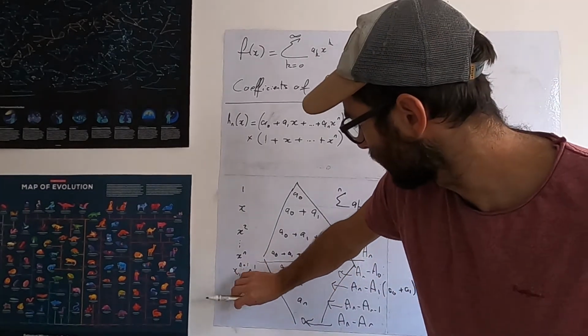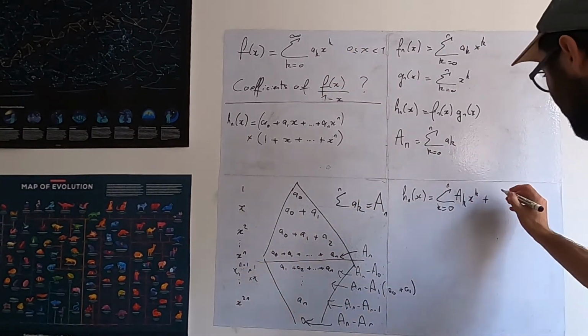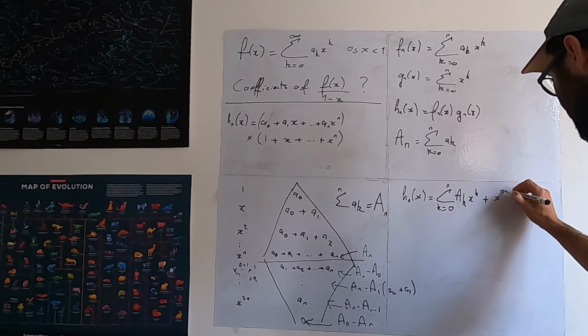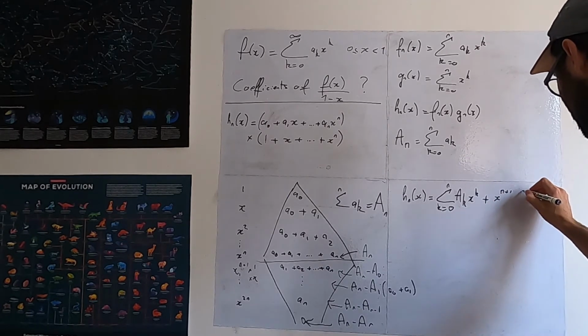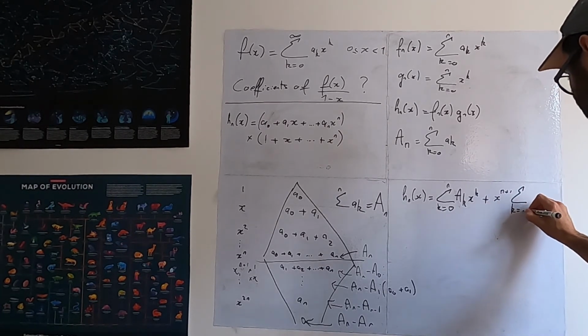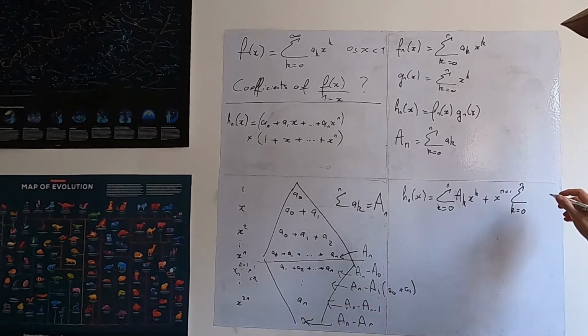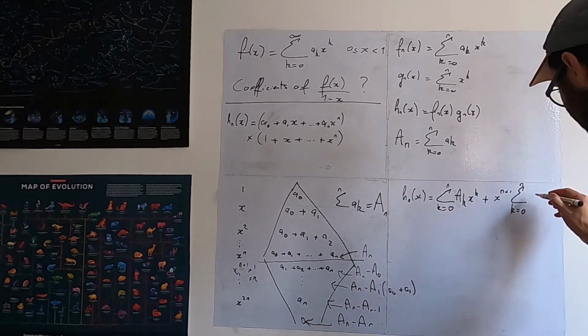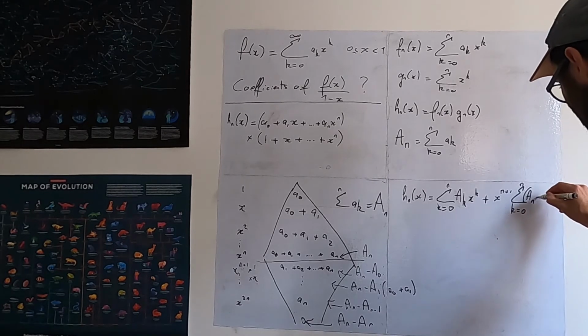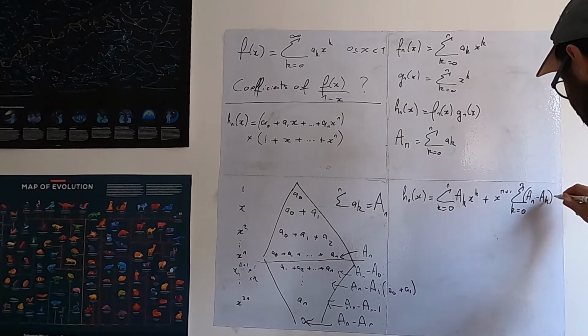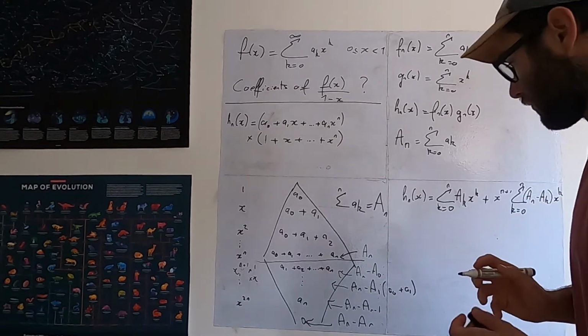So essentially we can factor out this x^(n+1) and put it in front. So we have x^(n+1) times the sum from k equals 0 to n of An minus Ak times x power k.